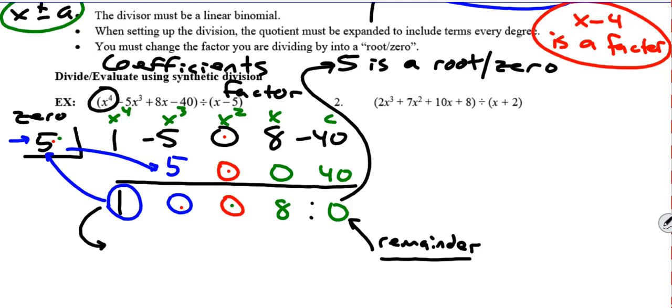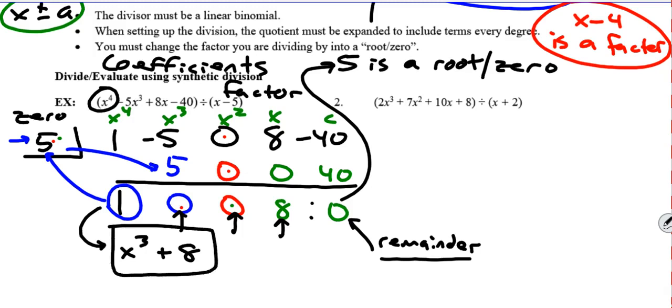So what's left is x cubed. These are all placeholders. This was my squared term, this was my linear term, and this is my constant. So the only thing that's left is the constant. So what's left is x cubed plus 8. That is your result. So if we say evaluate, x cubed plus 8, no remainder.